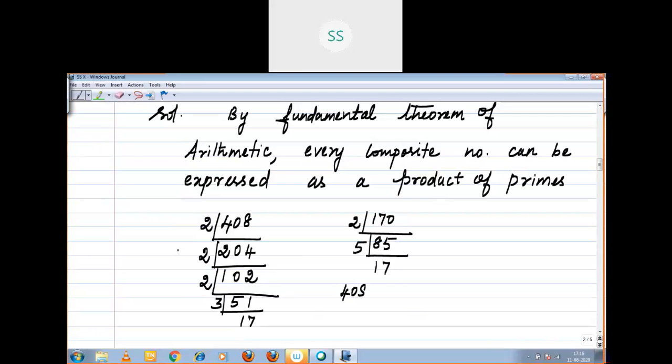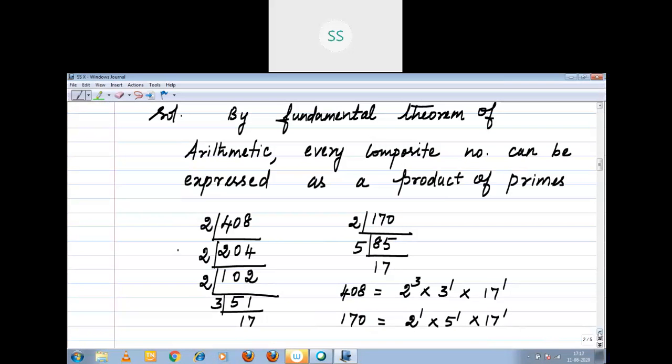Now you see 408. You are going to express it in the form of a product of primes, right? 2 power 3 into 3 power 1 into 17 power 1. Now, 170 can be expressed as 2 power 1 into 5 power 1 into 17 power 1. Here they are expecting us to find the HCF and LCM, right?